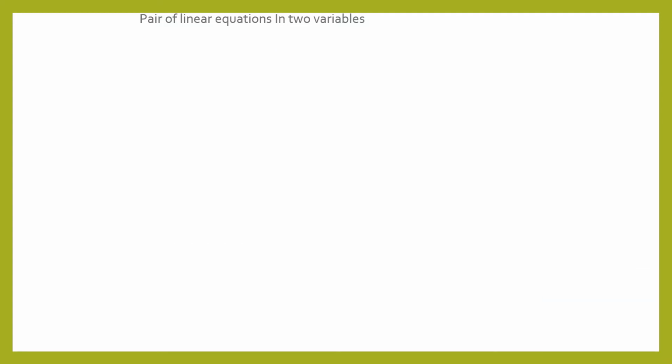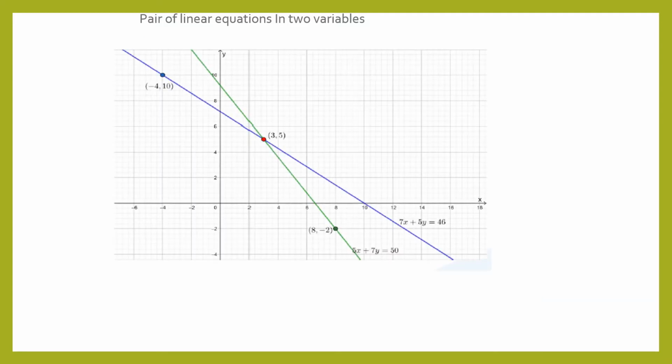Coming to graphical solutions. Draw the graph. So here, x values and y values. First value: what is the first x value? Substitute 3, 5, and 8, minus 2, and minus 4 comma 10. So look at all the points and draw the lines. Clear? Now we get intersecting lines.